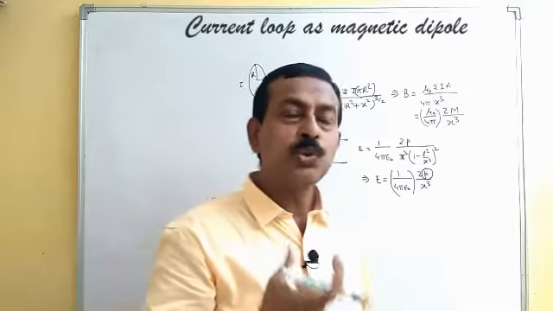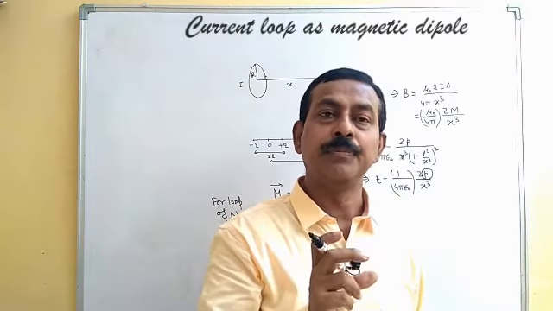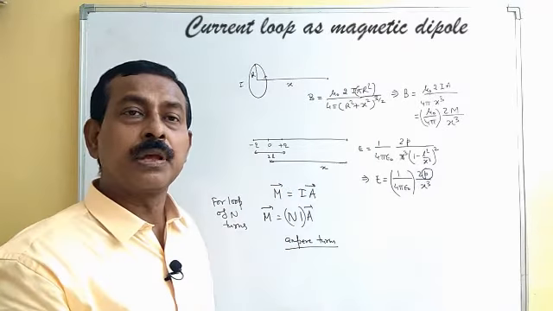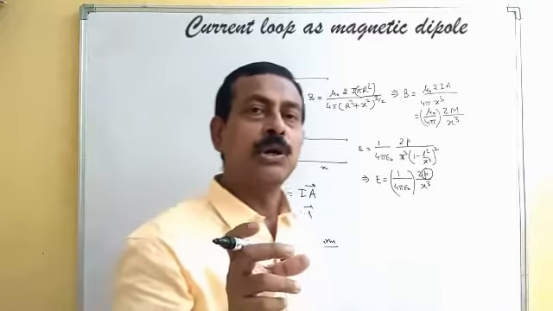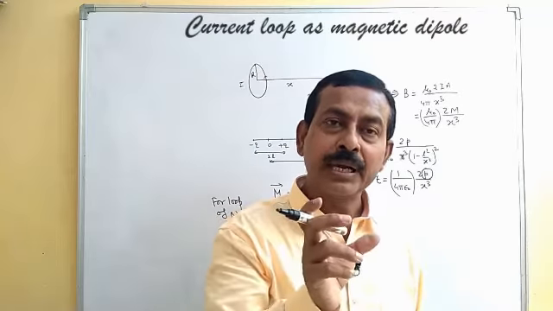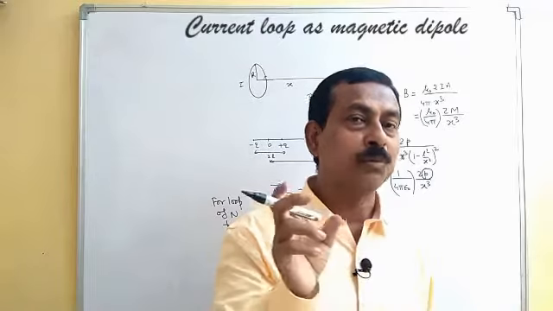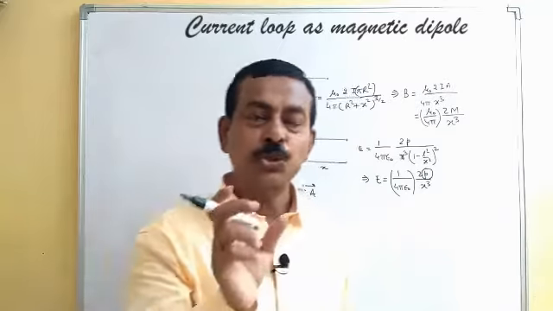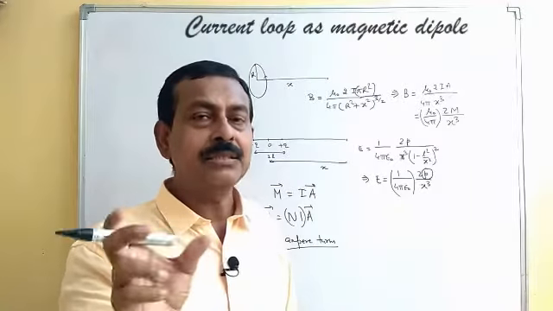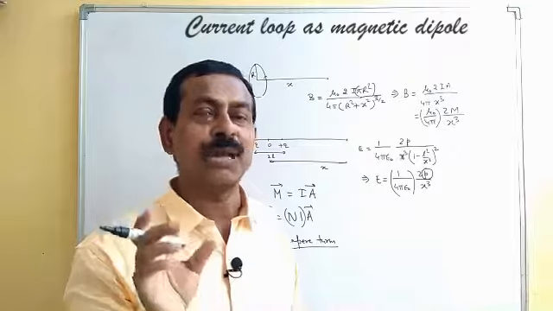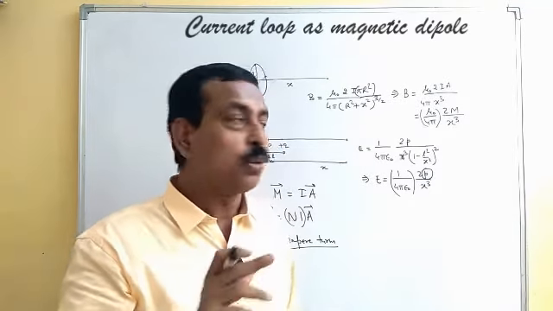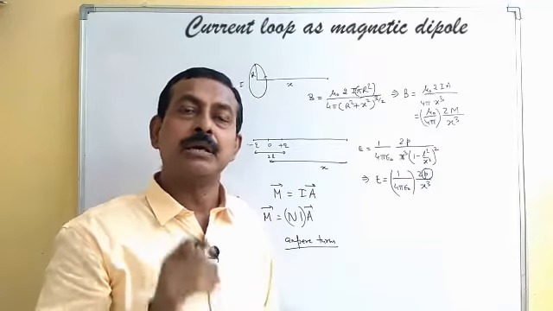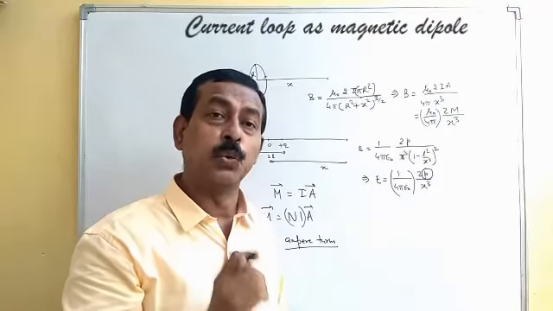Again, we can treat the magnetic dipole similar to the electric dipole; on its axial line you will get a term which will be the magnetic dipole moment, the product of the magnitude of pole strength and the separation between the magnetic poles of the magnetic dipole. So here we get this term, which is your magnetic dipole moment associated with a current loop.